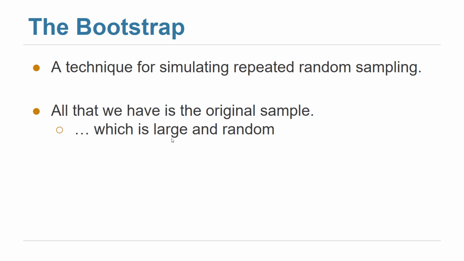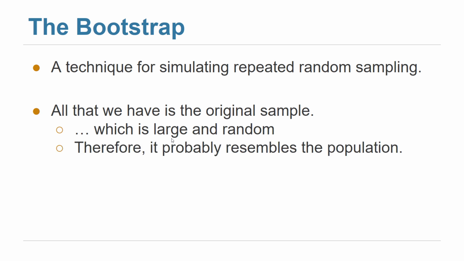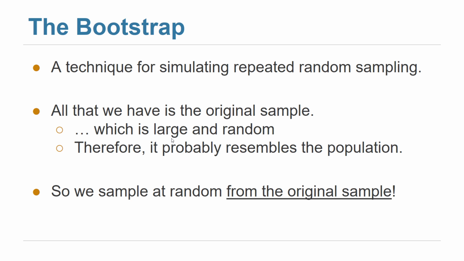We'll talk about the sample size later in the course, I think in the next session. So we have the original sample, which is large and random, and because it is, with very high probability it will resemble the population. It will be similar to the population.